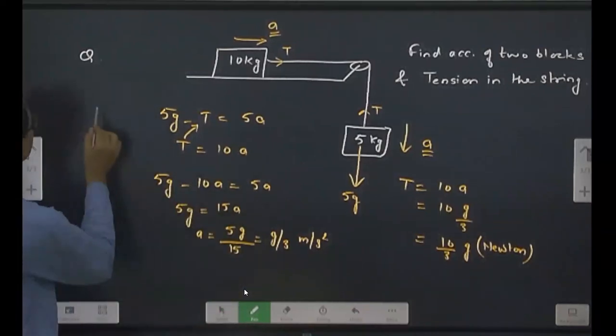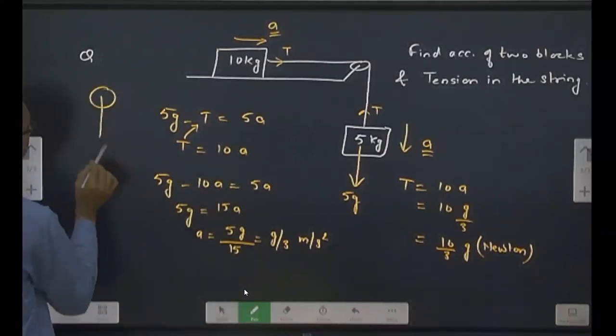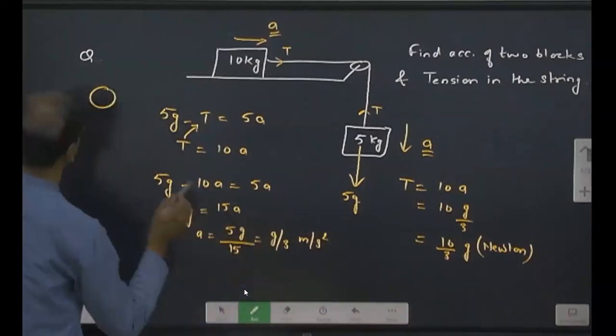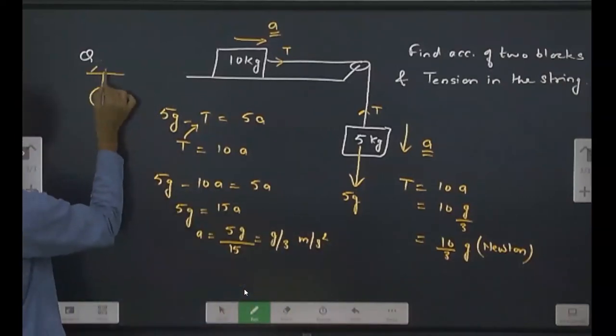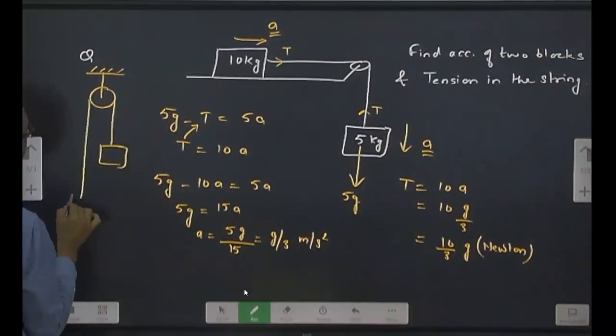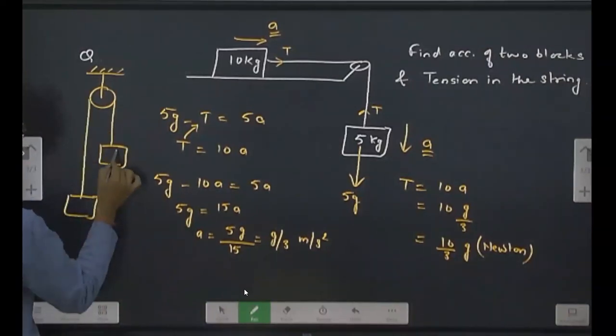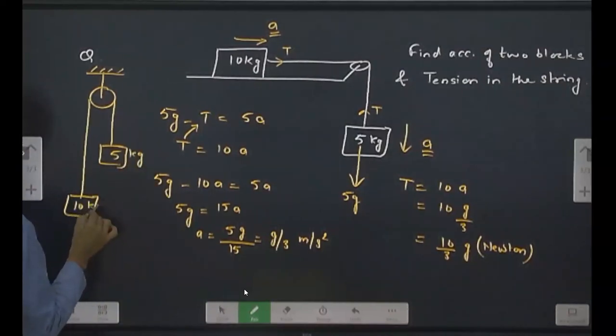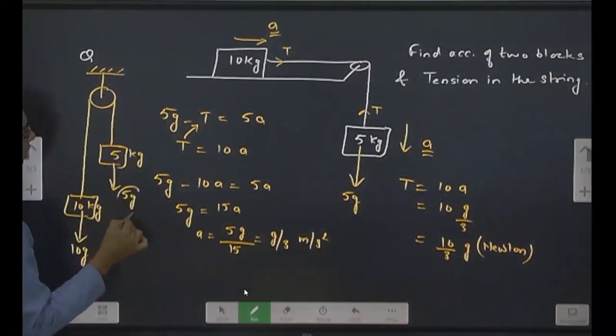If this would have been like this, sorry, it would have been like this, and here is 5 kg, and here is 10 kg. Was it possible for 5 kg to pull it? Answer is no. 10 kg would have pulled because its weight is acting. And its weight is more than the weight of 5.